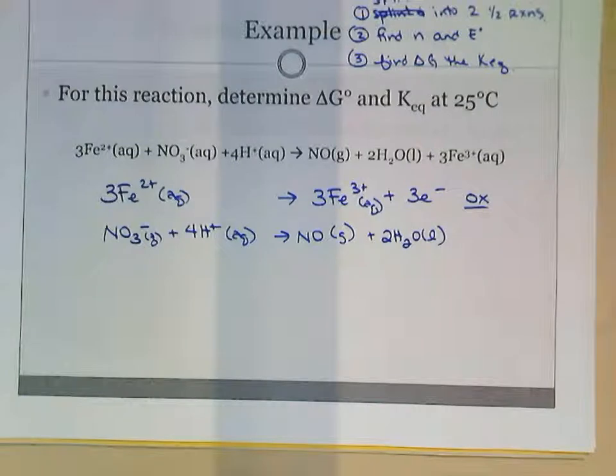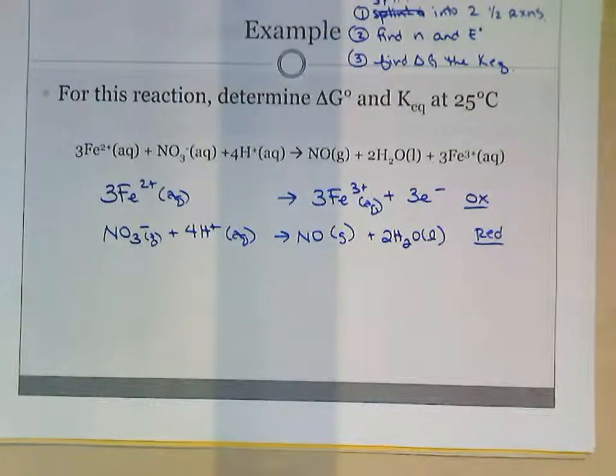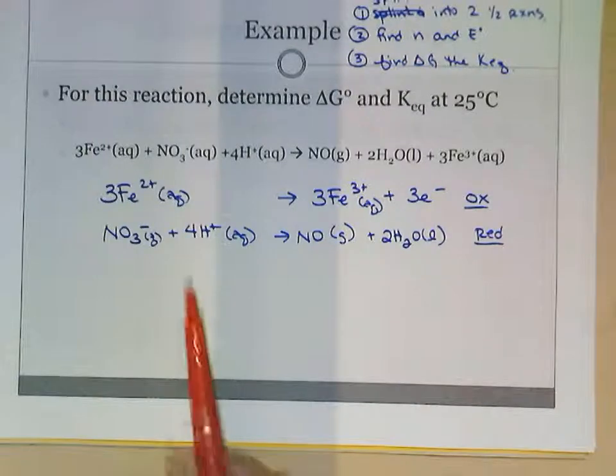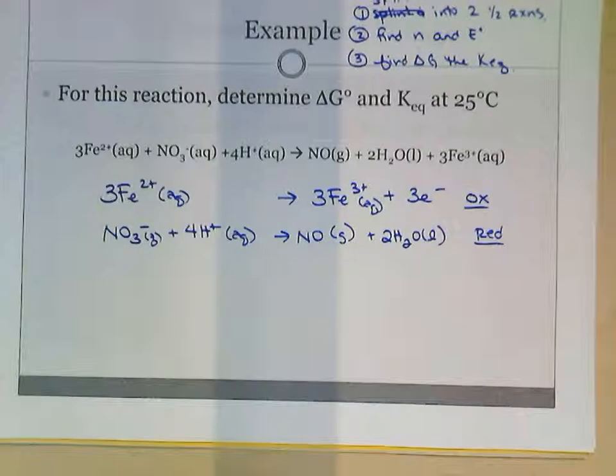We already did the oxidation. But there are a lot of possibilities of elements that are changing oxidation states. Realistically, there's only one. But we have nitrogens and oxygens and hydrogens all floating around in there. How do I know which element is changing oxidation state? Oxygen and hydrogen don't change.